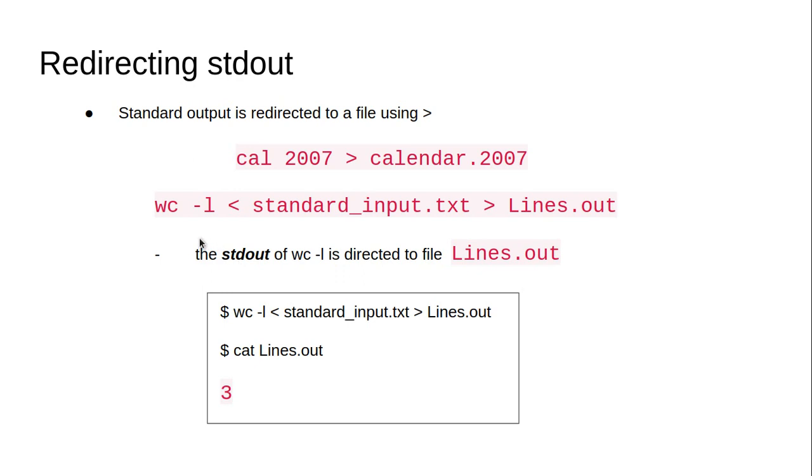Now here is an interesting redirection. Here we are using both standard input and standard out at once. This is your standard input that we are taking with the help of the left arrow, and this is the standard out, the stream redirection with the right arrow. So what we are doing here is word count hyphen L. This option will count the number of lines.